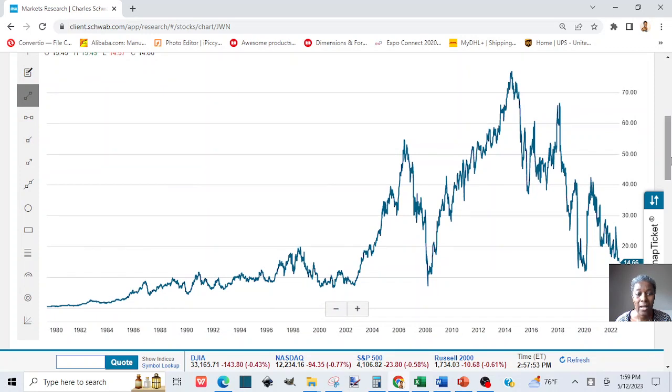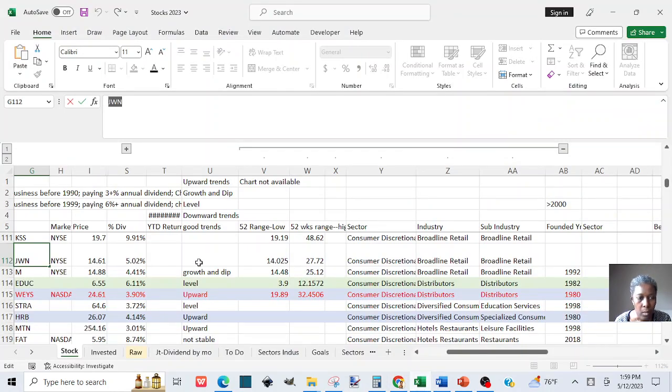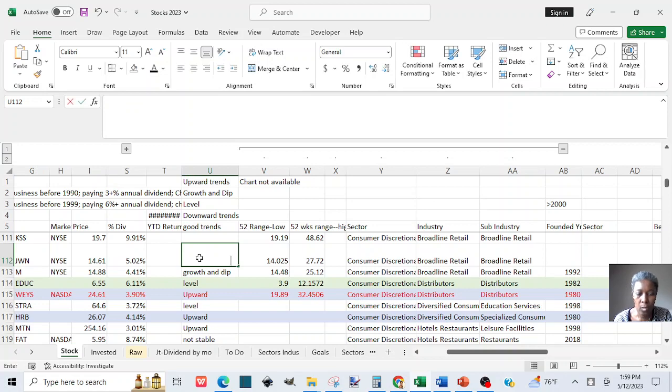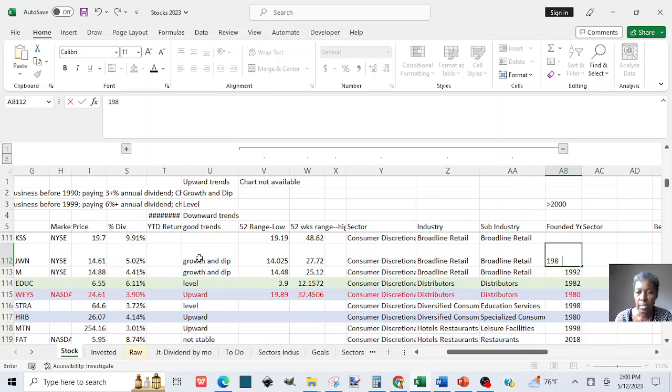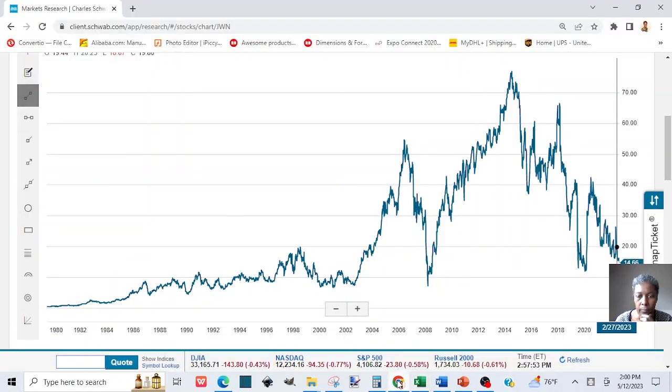So here it starts at 1980, and I'm seeing growth and dip as well. So Nordstrom is growth and dip. And it was 1980. So we have another one, Kohl's.